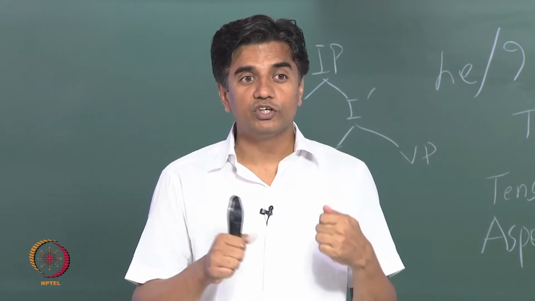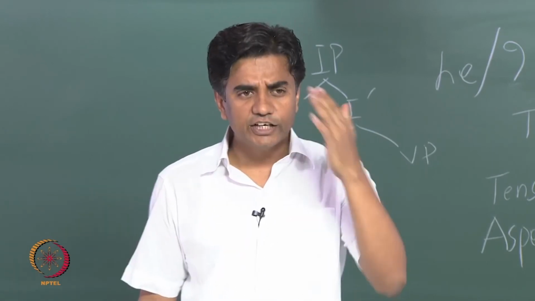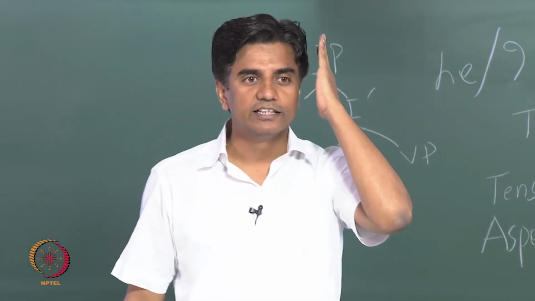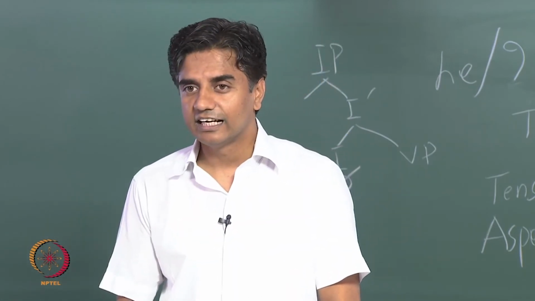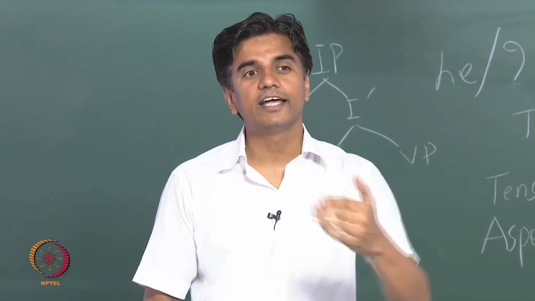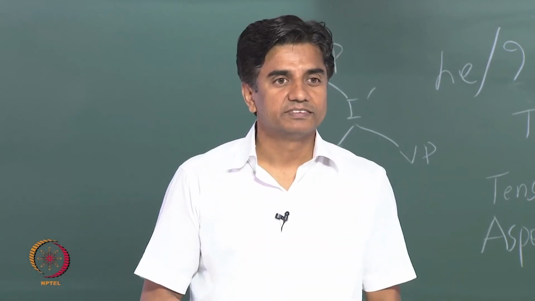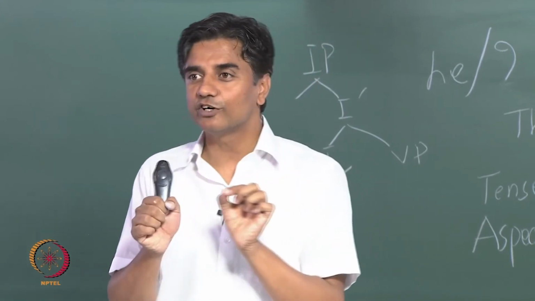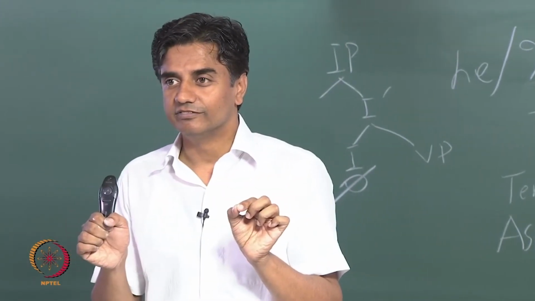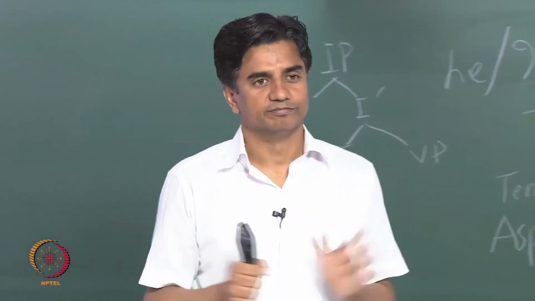The fact that we know these distinctions categorically clear here, there is a reason why someone will say I am eating, I have eaten, and I have been eating. There is a difference between all these sentences, and those differences are not just subtle. Those differences are categorical.